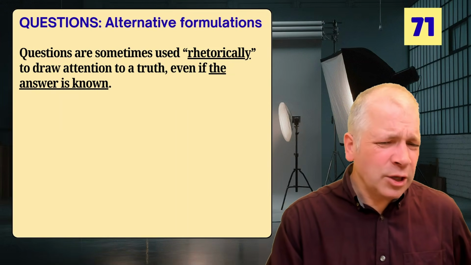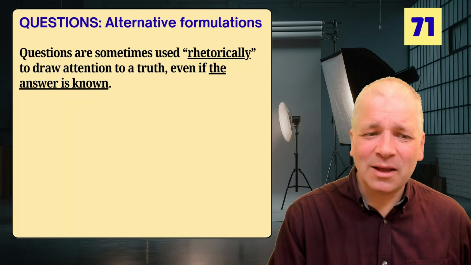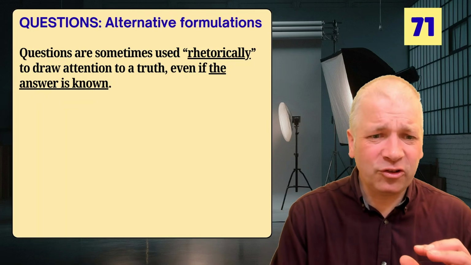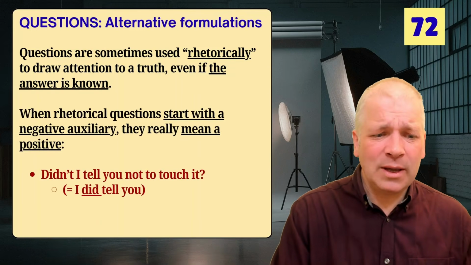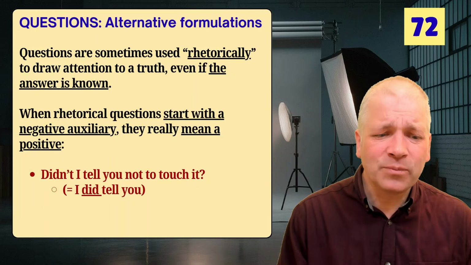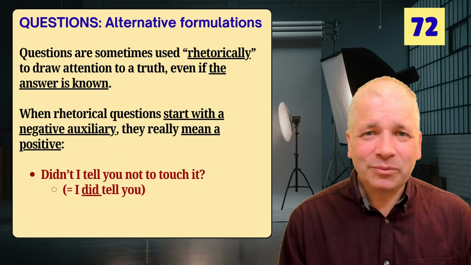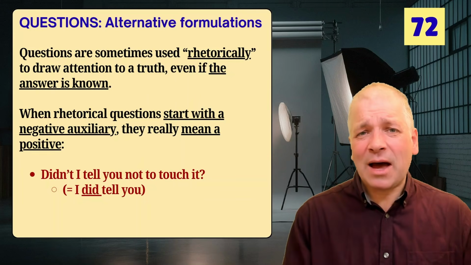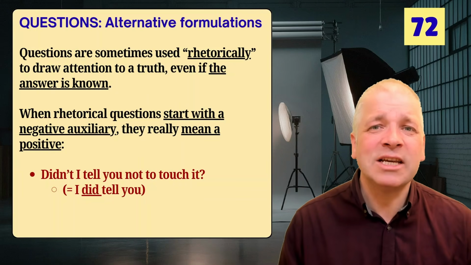Some questions are used rhetorically. Now, what does rhetorical mean? That means you're simply drawing attention to a truth, even if the answer is already known. So in this example at the bottom, didn't I tell you not to touch it? Then we say that rhetorically because we expect that they already knew the rules.